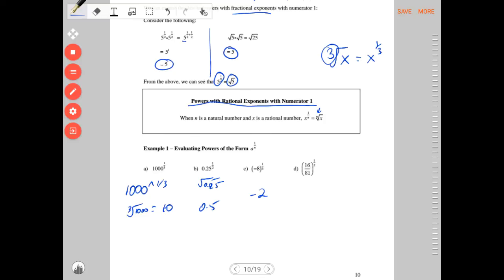And 16 over 81 to the 1/2 is going to be 4 over 9. You can do this one in pretty short order as well. The 1/2 we've learned is a square root, so you just square root the top of the fraction and square root the bottom of the fraction, so that's 4 over 9. You can do this in your head for some of these numbers. For others, you just type it in.